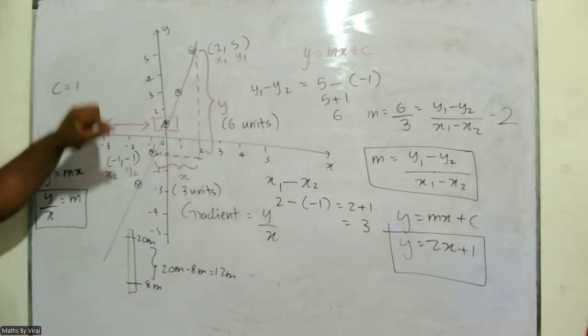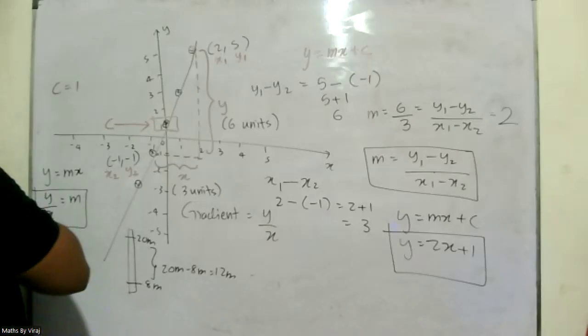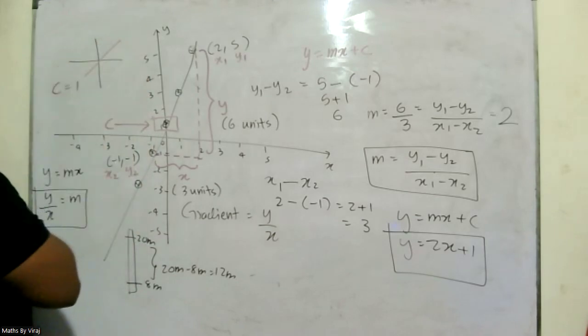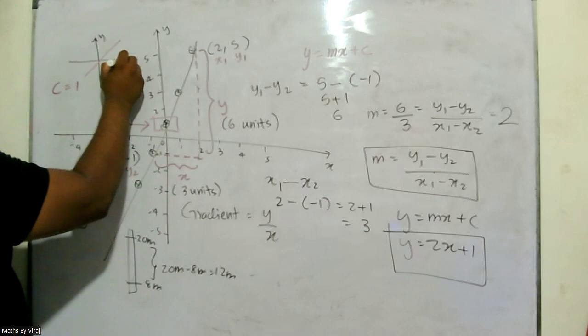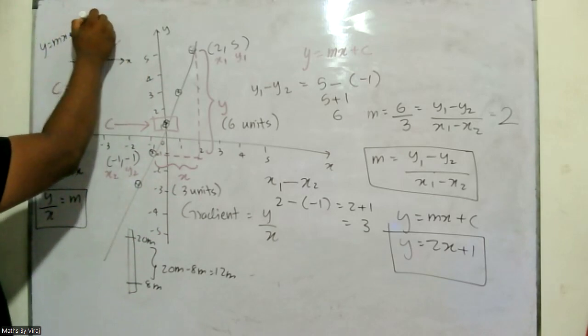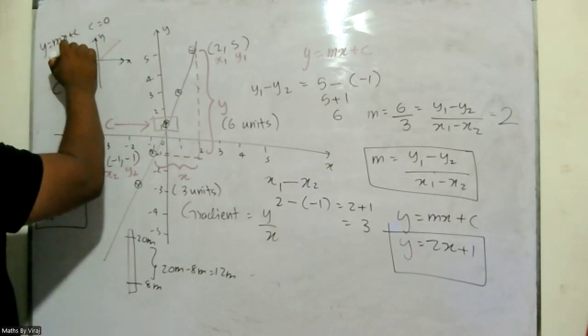We usually take two distant points. If we have a graph that goes through the center, it cuts the y-axis at 0. In such an instance, it will be y equals mx plus c, where c is 0. Therefore, it is y equals mx.